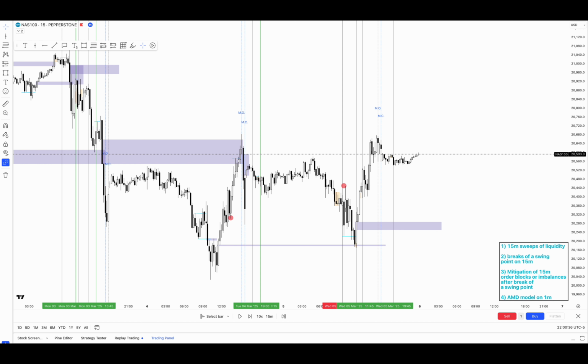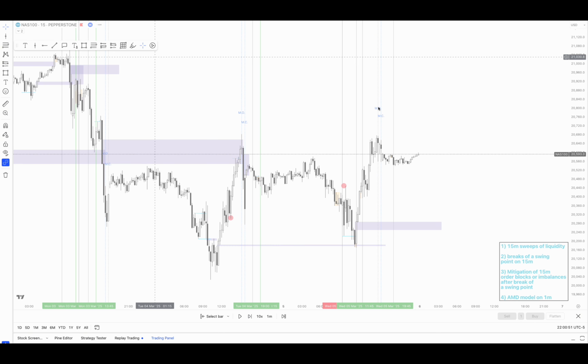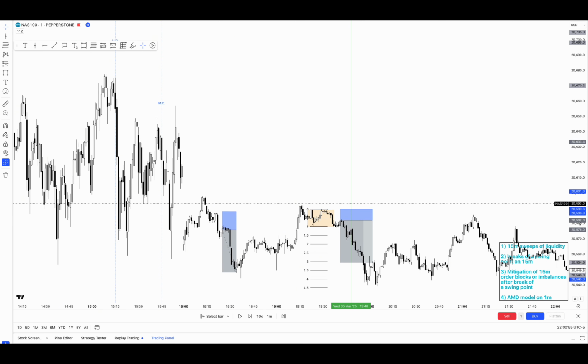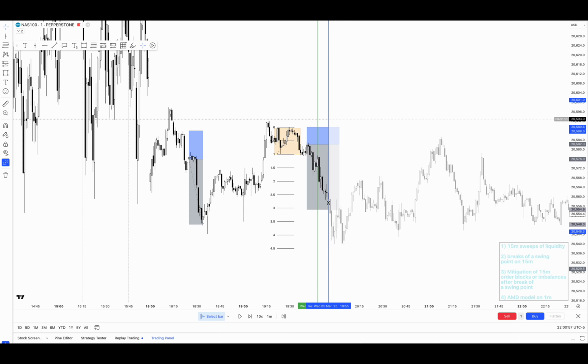So on Tuesday, I took, let me compare that actually, the divergence first here. Replay that.